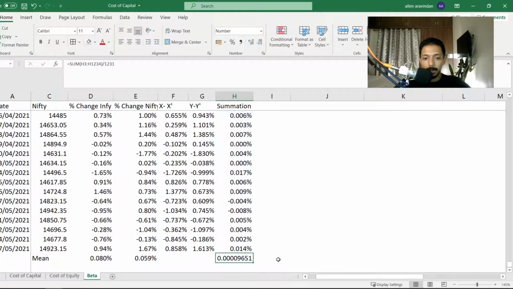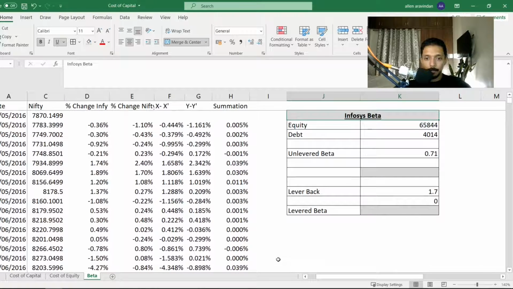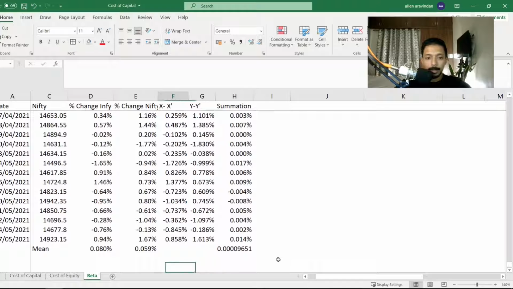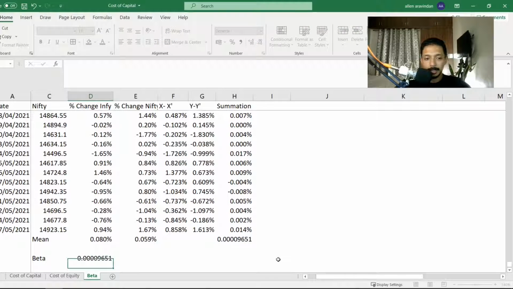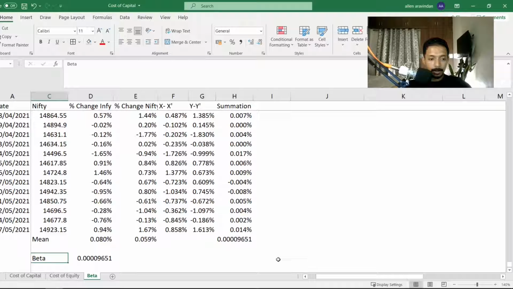So now once we have the covariance, we need to find out the beta. If you remember, the formula was covariance divided by the variance of the market. So I'm going to write the beta out here. This is our covariance divided by the standard deviation squared of the market, right? So I'm going to write covariance here first, and let me write variance of the market.